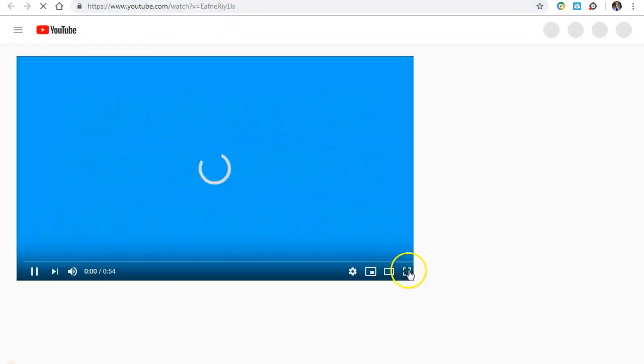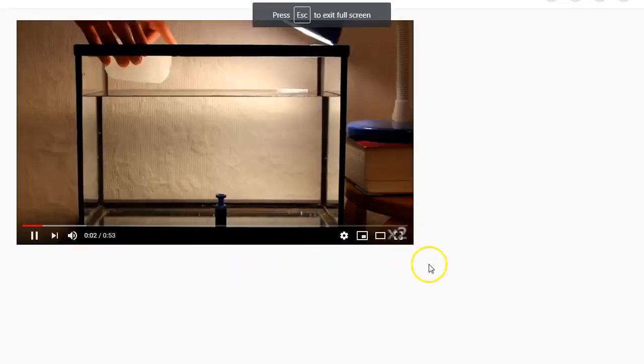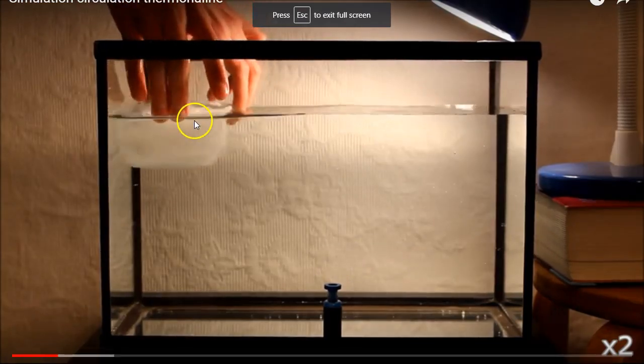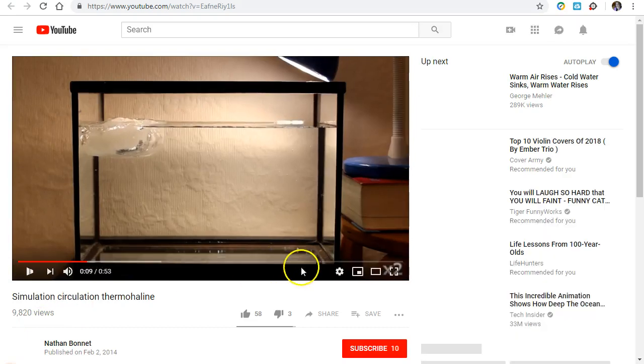And what they're going to do is add food coloring. Okay, so that's showing water, and you'll be able to follow that food coloring as it goes through and hits that iceberg. So circulation, thermohaline. So we've got our ice. So they're just going to put a drop of food coloring, maybe.